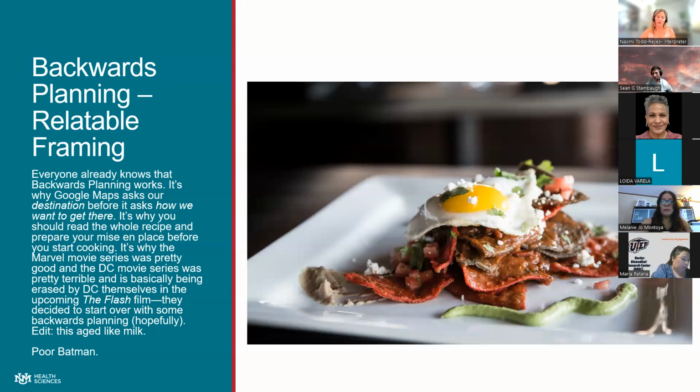So hopefully, with respect to Batman and Superman and our other DC comic superheroes, they'll do a better job this time. But I will say that when I put this together, that Flash movie wasn't out yet, and it hasn't gotten very good reviews. So this topic around DC has aged like milk. They're not doing backwards planning, it doesn't seem like. So poor Batman. Hopefully Batman will get another good movie sometime soon.